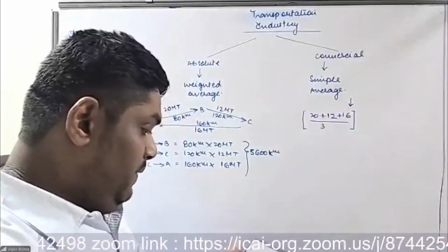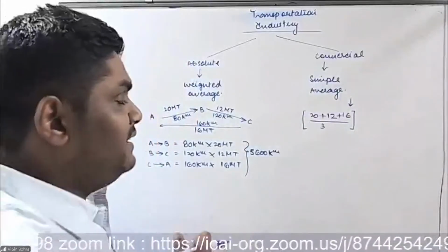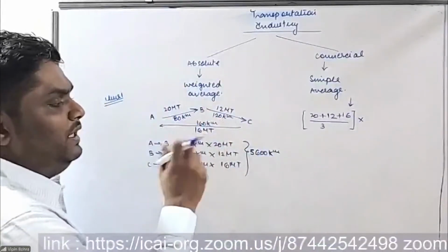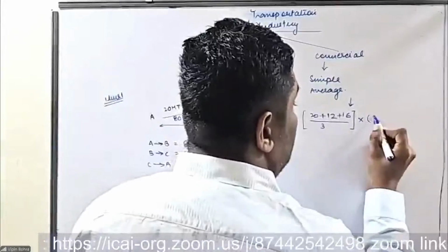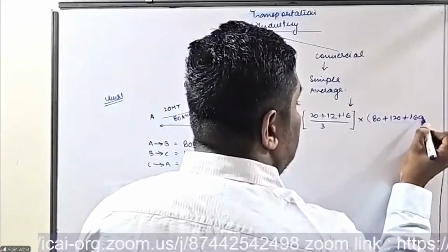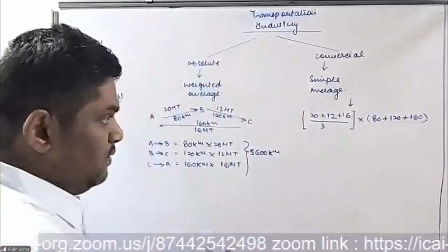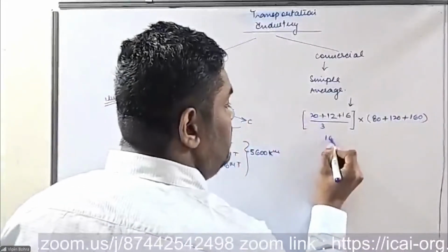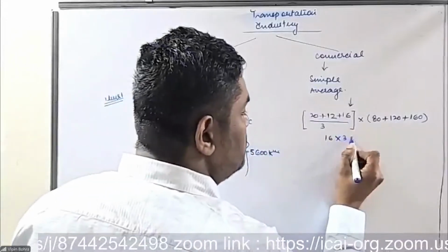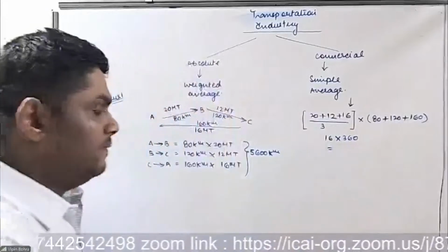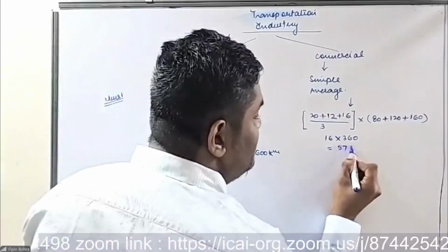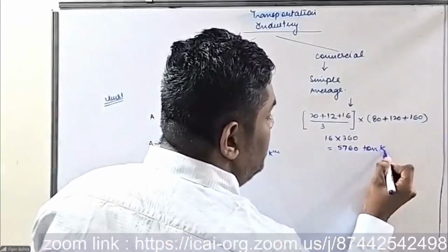That is 16 metric tons traveled on an average for how much distance? 80 plus 120 plus 160. So 16 into total kilometers, that is 200 into 160. So this will be 5760 ton kilometers.